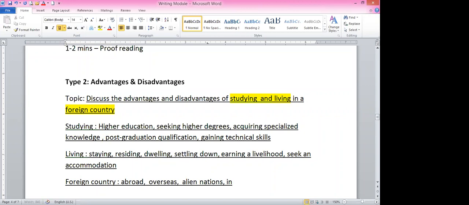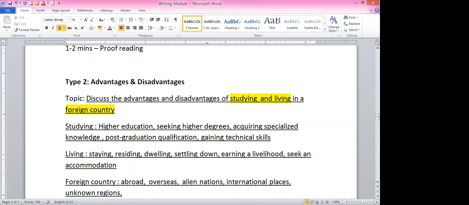We can say international places. Exotic, maybe? Exotic means beautiful, so foreign does not mean exotic. Exotic places can be in your home country as well, to watch and visit. So alien nations, international places. Foreign is something that is unknown to you, so unknown regions.